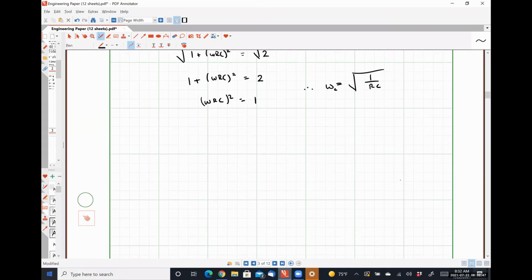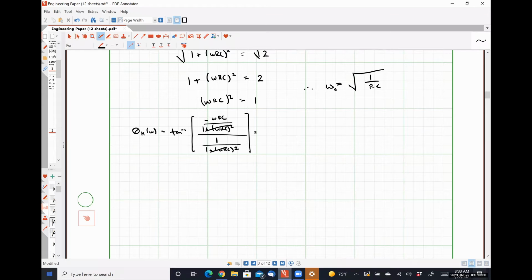Now let's look at our phase response. So theta H as a function of omega is going to be the inverse tangent of the imaginary portion, which is negative omega RC divided by 1 plus (omega RC) quantity squared, divided by the real part, which is just 1 over 1 plus (omega RC) quantity squared.